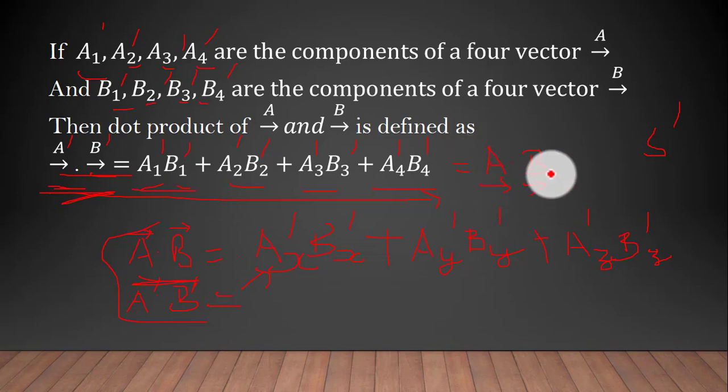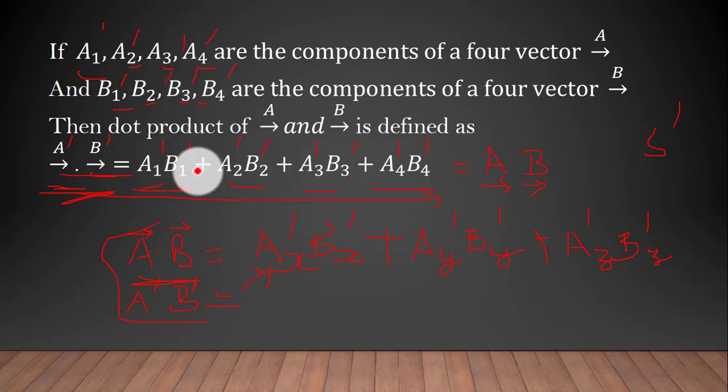These are also 4 vectors. So you can try it on your own. What you need to do is substitute the value of A1 prime by using the transformation equation which we have defined earlier. So you must know the value of A1 prime in terms of A1, A2, A3 and A4.